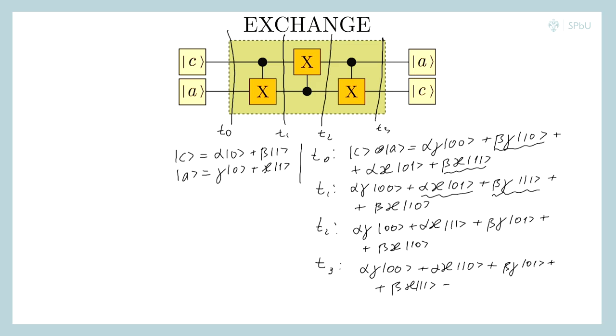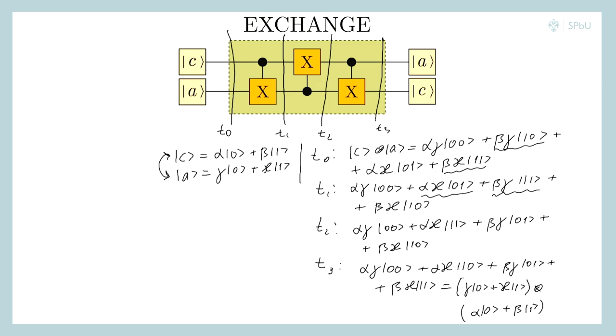And this state may be rewritten as the tensor product of the state gamma 0 plus kappa 1 and the state alpha 0 plus beta 1. So this element swapped the qubits A and C at the input.